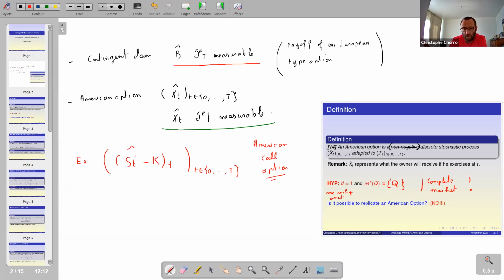You have also, in the same way, an American put, with the plus here, the maximum between this one and 0.